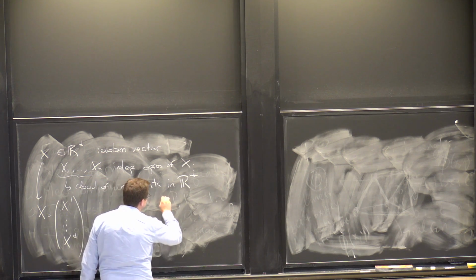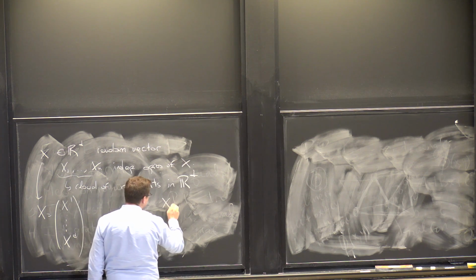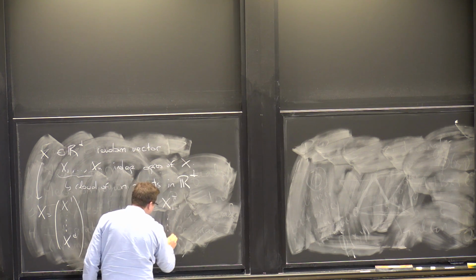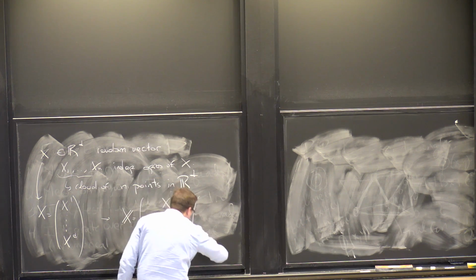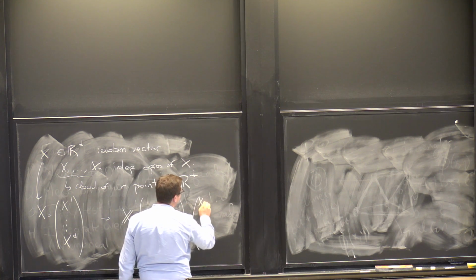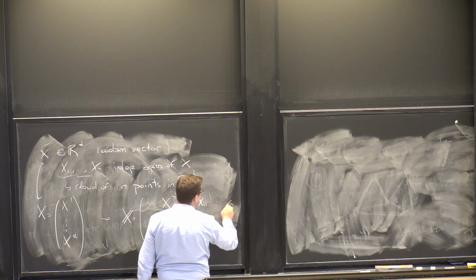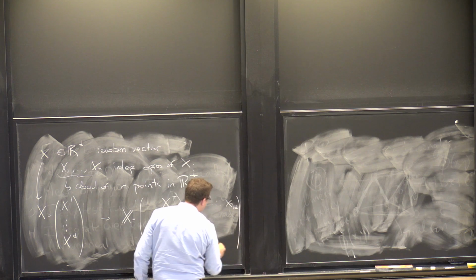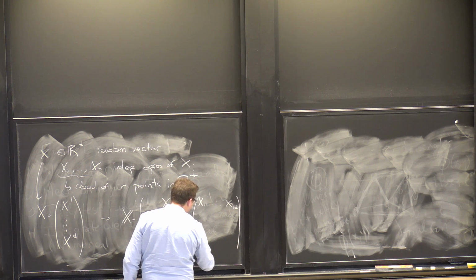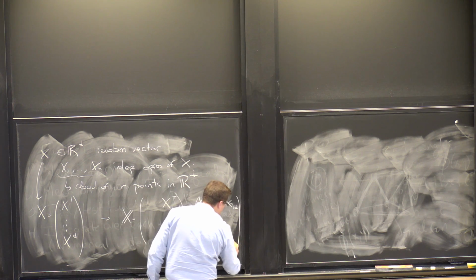It's X1 transpose down to Xn transpose. So what it means is that the coordinates are, of course, X_1^1 to X_1^d in the first row, and X_n^1 to X_n^d in the last row.